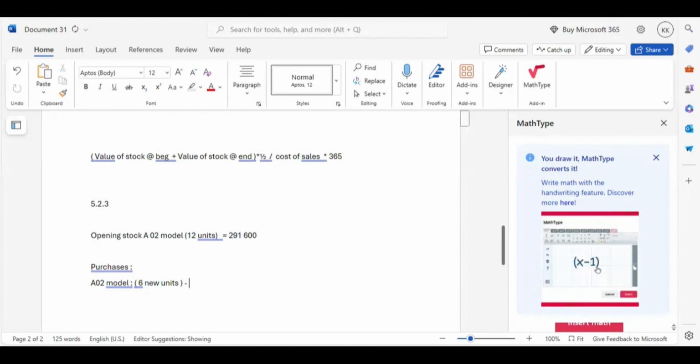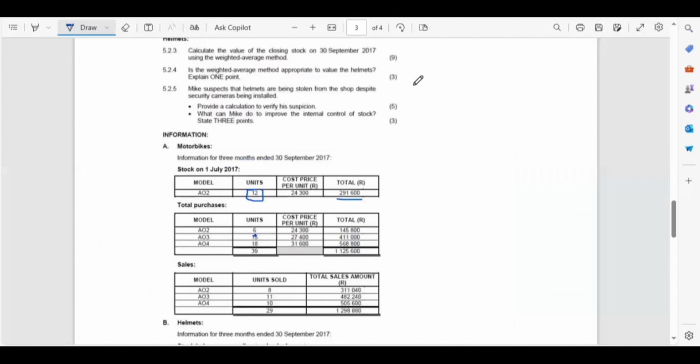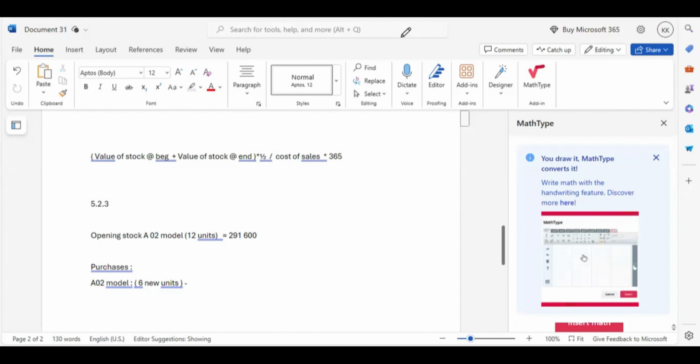And what was the cost of those? The cost of those 6 units was 145,800. Now, what did I also purchase?